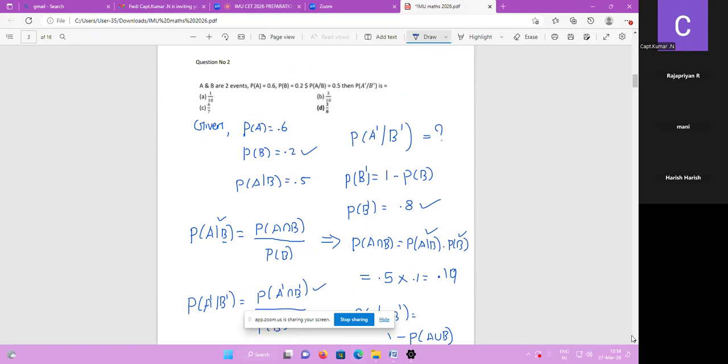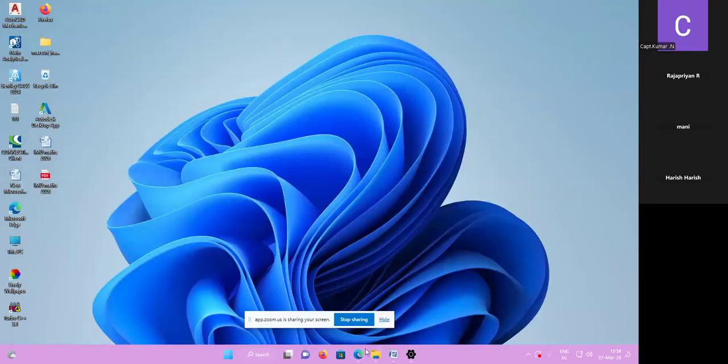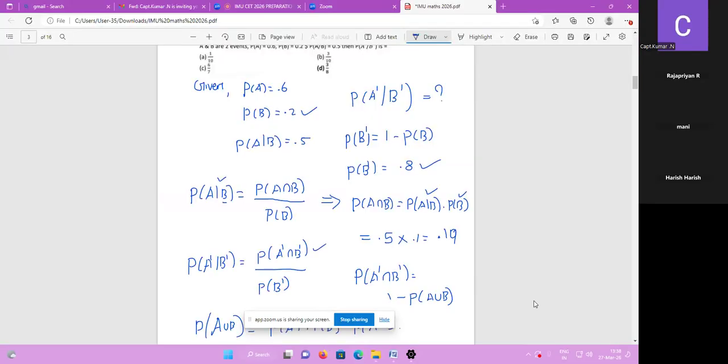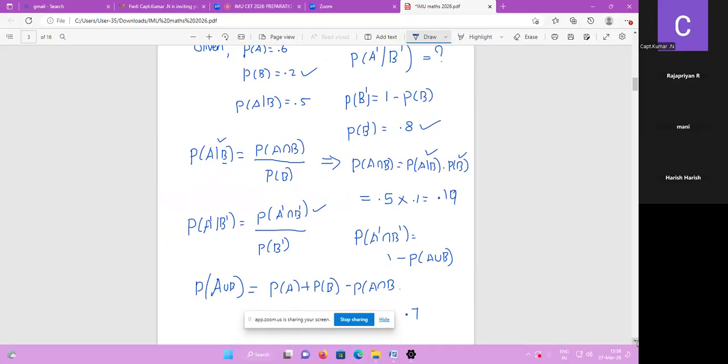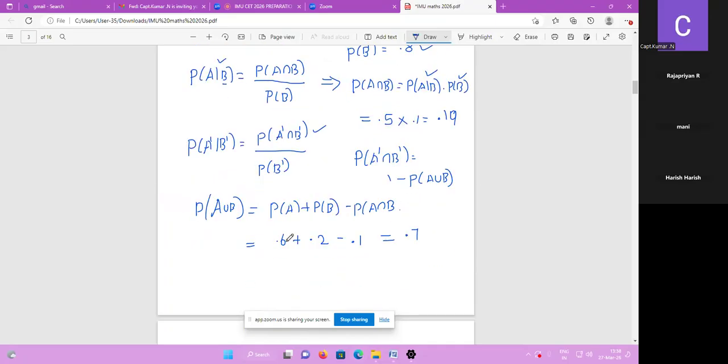Okay. Now we will do the formula. So now come to here. That is probability of A dash intersection B dash divided by probability of B dash.